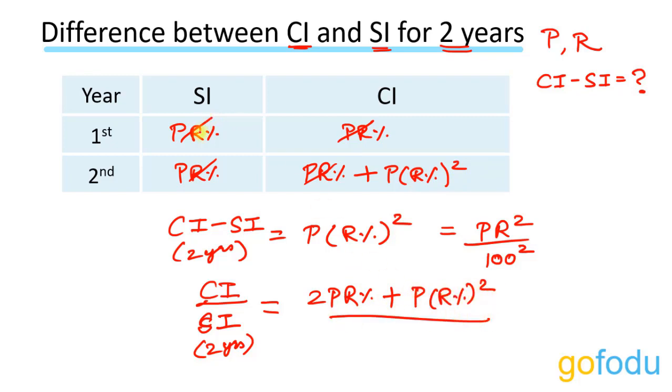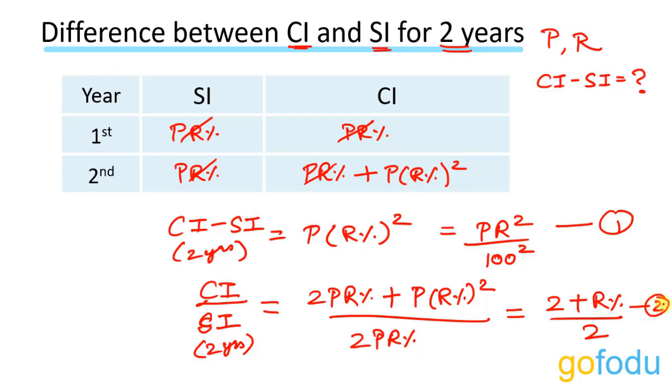And simple interest is PR percent plus PR percent, that is 2 PR percent. PR percent could be taken out common, and we'll get 2 plus R percent upon 2 as the ratio of compound interest and simple interest for 2 years. So you can remember these as direct formulas.